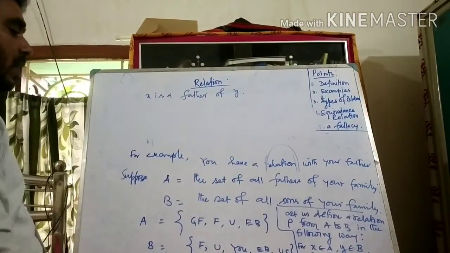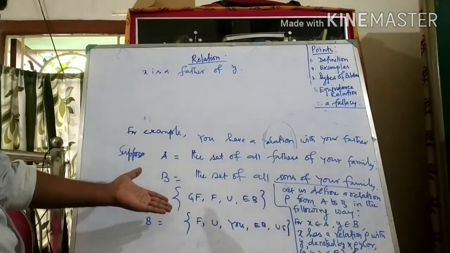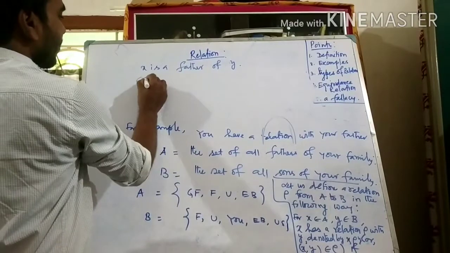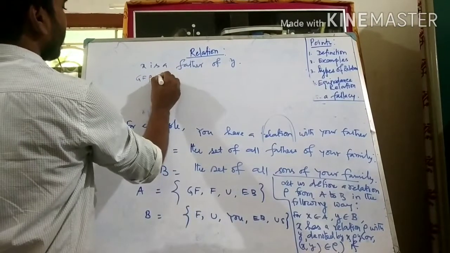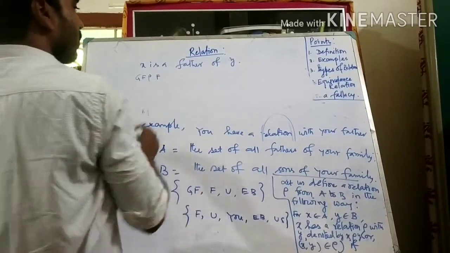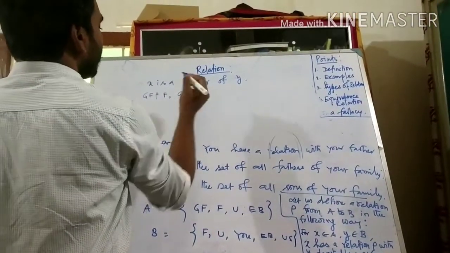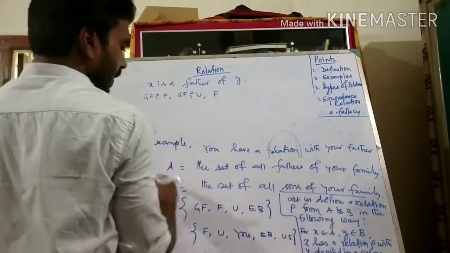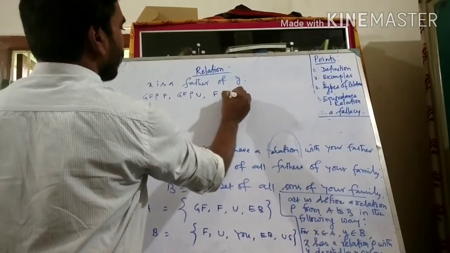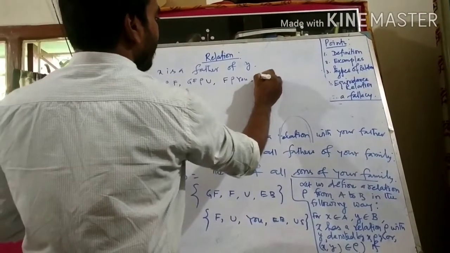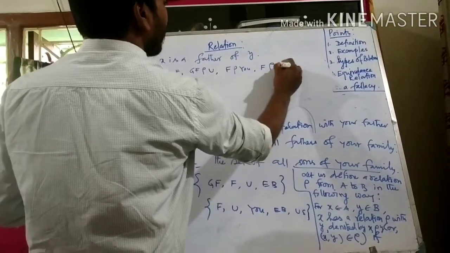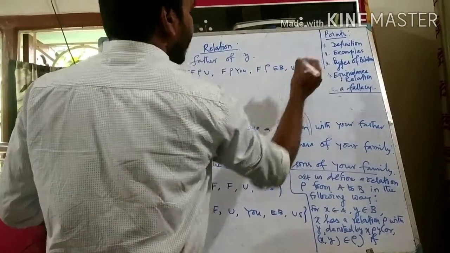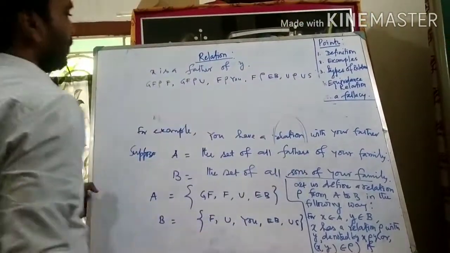Okay, so let us check the elements of rho. We can easily see that GF is related to F, right? Because a grandfather is a father of a father. GF is related to your uncle. F is related to you, F is related to your elder brother, and U is related to your uncle's son.